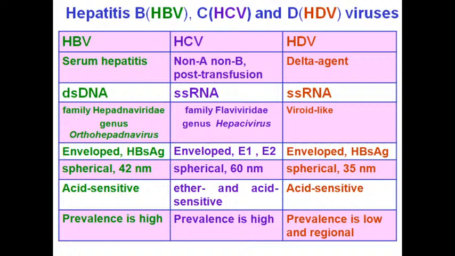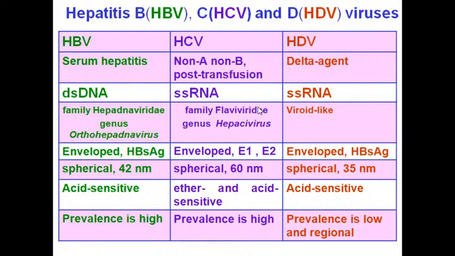Out of those, the only one which is a double-stranded DNA virus is HBV, and C and D are single-stranded positive sense RNA viruses. So they have different taxonomical determination. Hepatitis B falls into the family Hepadnaviridae and genus Orthohepadnavirus.